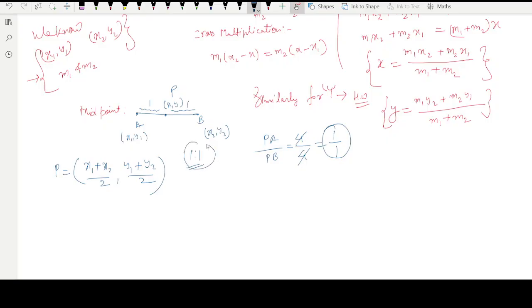Putting m1 equal to 1, we get x2, and m2 equal to 1, we get x1. And 1 plus 1 is 2. So you get this. This is an application.